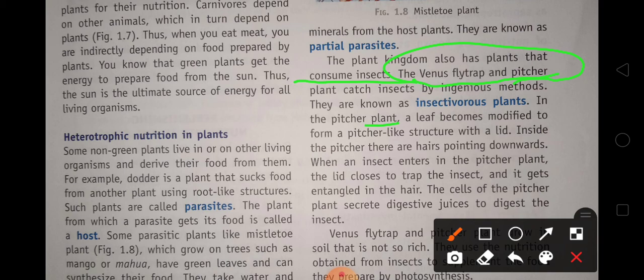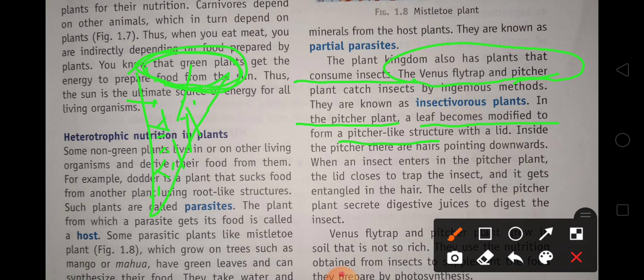In pitcher plants, a leaf becomes modified into a pitcher-like structure. The lid closes to trap the insect, and it gets entangled in the hair. इसके अंदर हेयर होता है, उसके अंदर वो क्या होते हैं, ट्रैप हो जाते हैं.